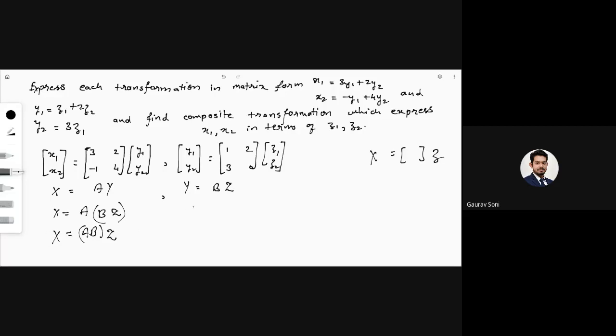Now I will put the matrices. So what do we get here? x1, x2 is equal to the matrix A, which is 3, 2, minus 1, 4, times B, which is 1, 2, 3, 0, times z1, z2.